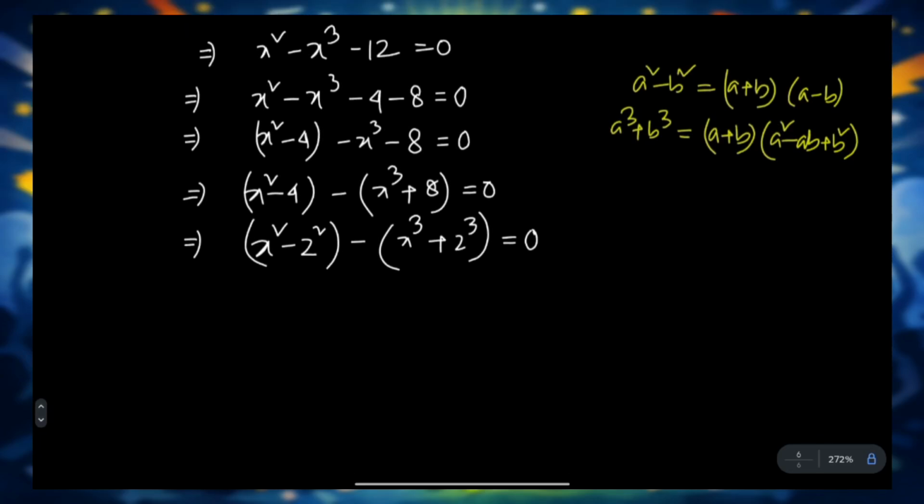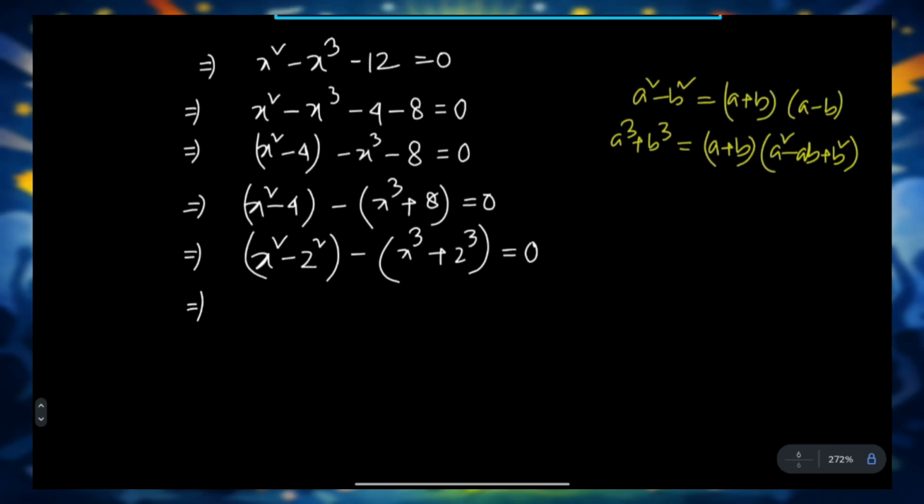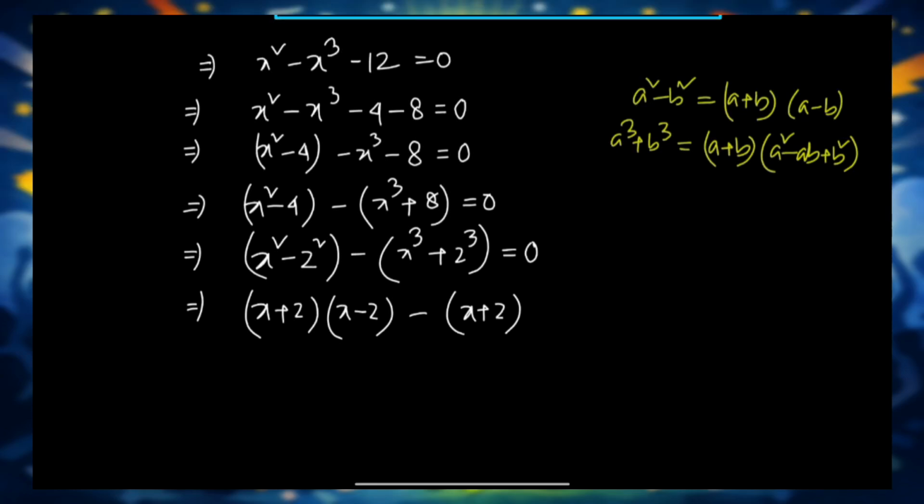So here x square minus 2 square can be written as x plus 2 into x minus 2, and x cube plus 2 cube can be written as x plus 2 into x square minus 2 into x plus 2 square, that means 4, equals to 0.